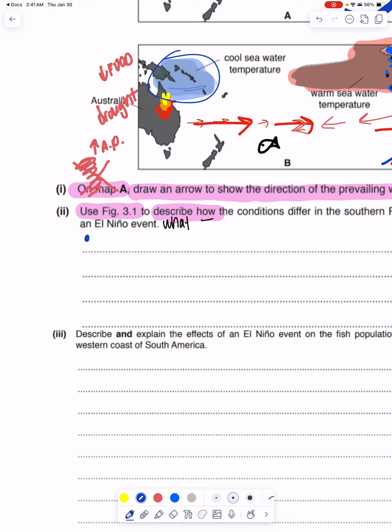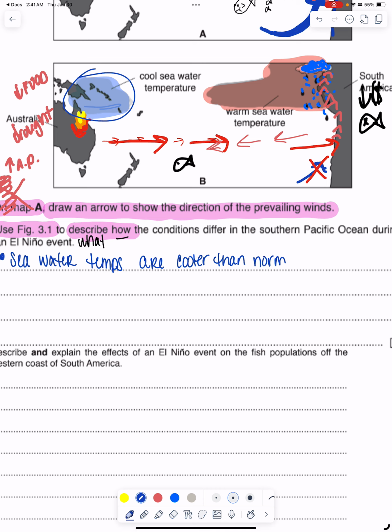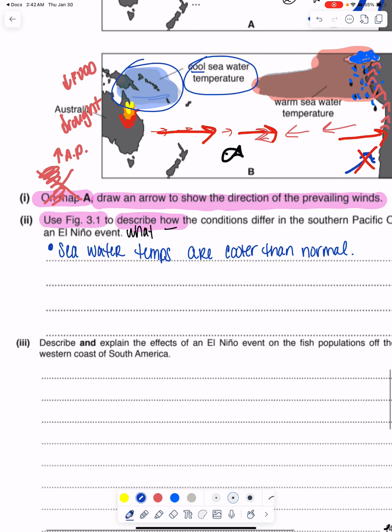So we need to show a comparison. So we talk about the seawater first. We are using the figure because it says cool seawater temperature. And notice the cooler. That's implying that we have a comparison.